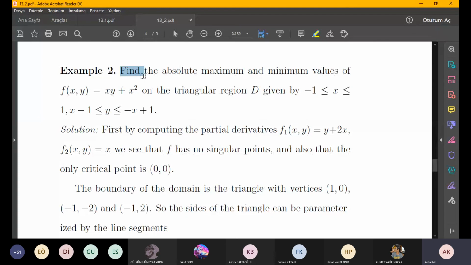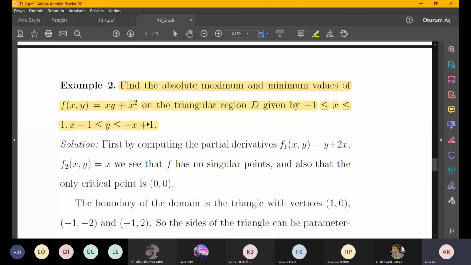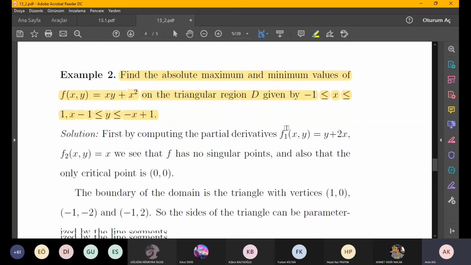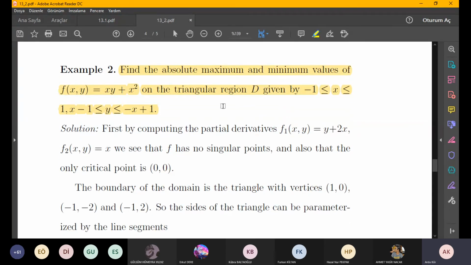Let's try to read this example, and I guess we will continue for the solution. We will again try to find the absolute extreme values of the function x times y plus x squared on the restricted region, which is a triangular region given by -1 smaller or equal to x, smaller or equal to 1, and x minus 1 smaller or equal to y, smaller or equal to minus x plus 1.